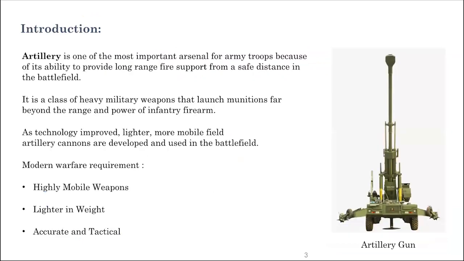First, we start with the introduction of artillery. Artillery is basically a class of guns which are used in land warfare. The examples of artillery in India are ATAGS and K9 Vajra. The main problem that we are addressing here is that the range of these artillery shells is around 30 kilometers max.